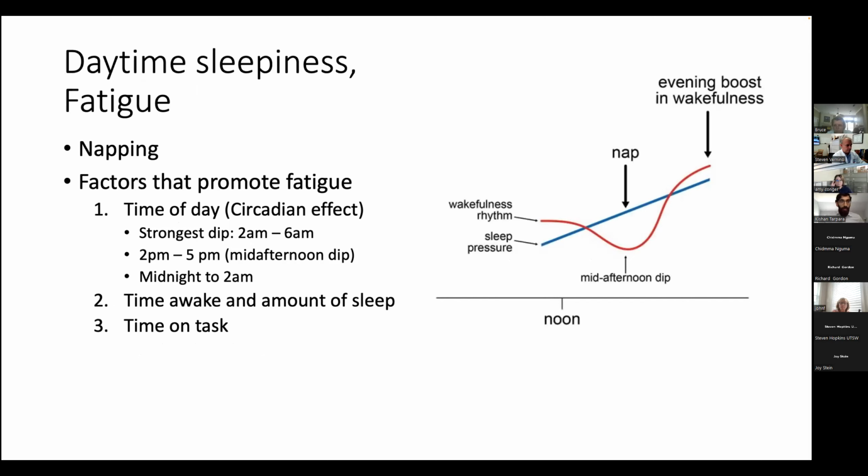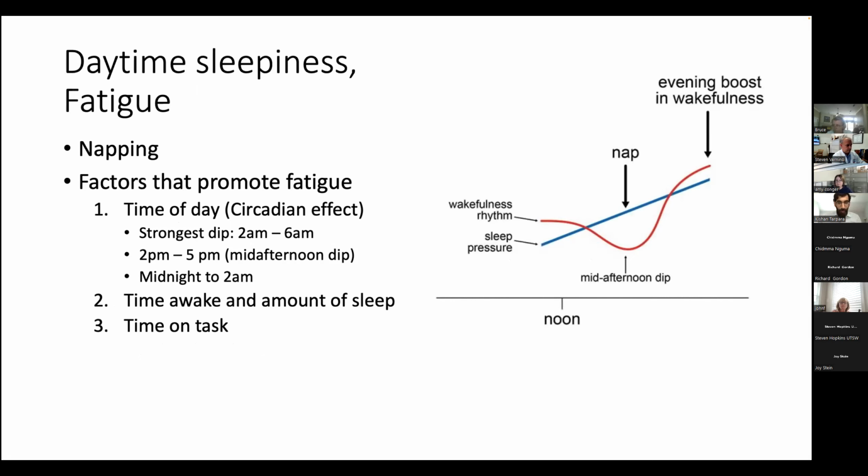So time of the day. On that circadian rhythm picture I showed a while back, there are ups and downs that happen through the day. One time of the day where there is a dip in your alertness, programmed into your circadian rhythm, is the mid-afternoon dip.